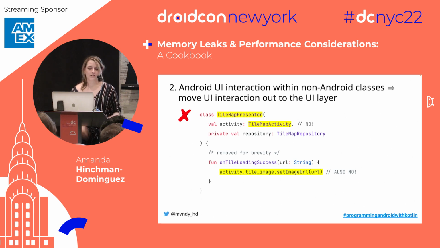So, okay, number 2, Android UI interactions within non-Android classes. This one is not necessarily a hard line, but as a general guidance, if you have UI interaction, it's probably better to move any kind of UI interaction to the UI layer. Developers commonly inject Android components within non-component classes. I'm not saying it's wrong.